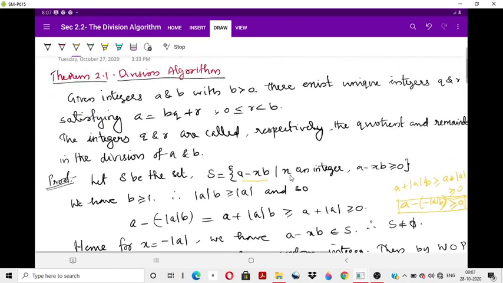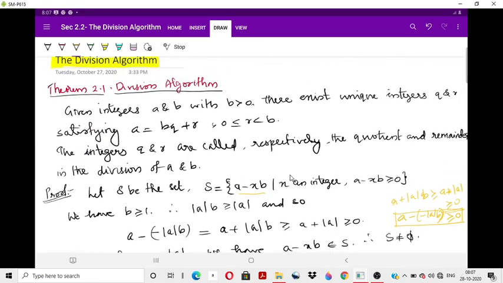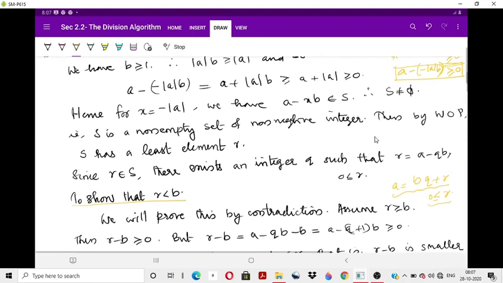But one more thing we need to prove in this theorem is that the theorem states that there exist unique integers. So now we need to prove the uniqueness of these integers Q and R. Up to this point we proved the existence part, that there exist integers Q and R such that A is equal to BQ plus R. Now we will try to prove the uniqueness part.